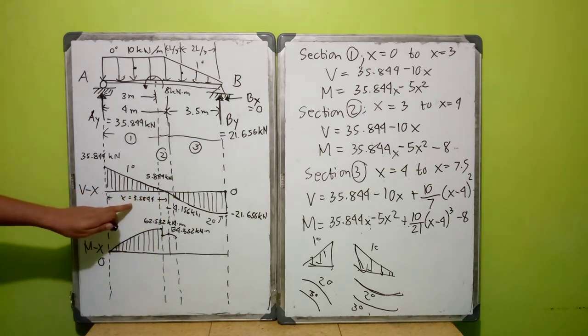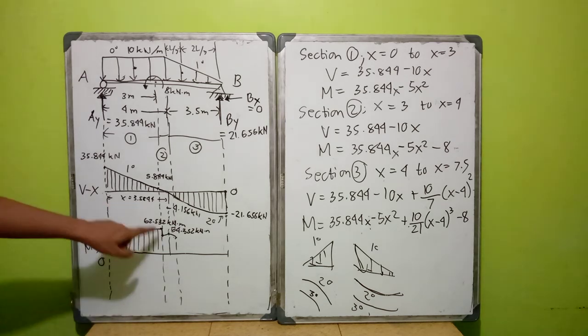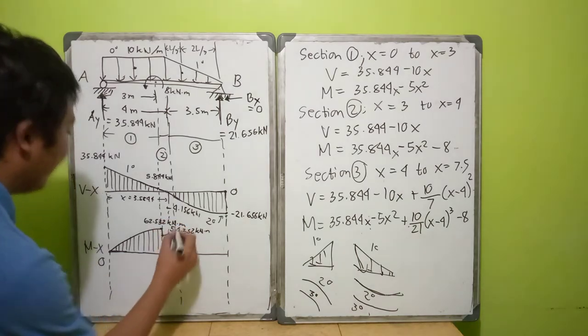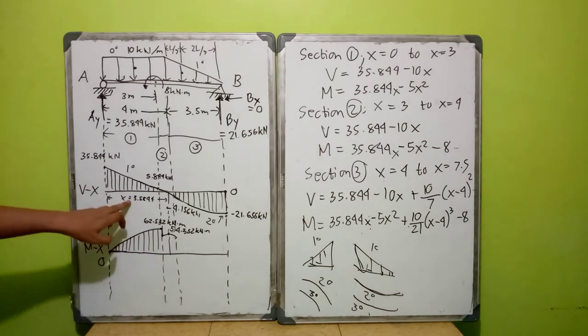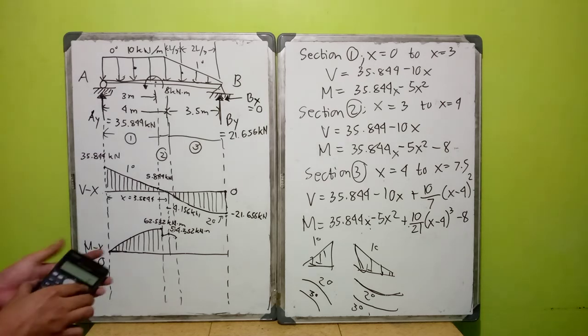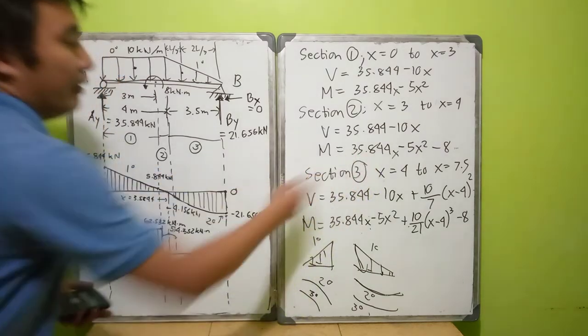So since x is equal to 3.5844 where v is 0, we compute the value of your moment at x equal to 3.5844, and then we substitute it here.